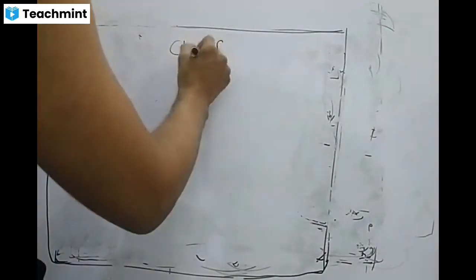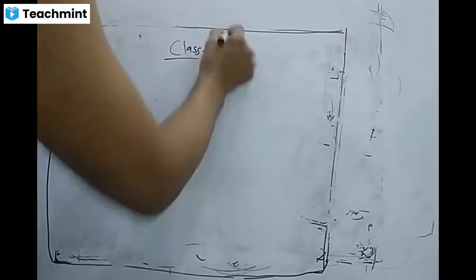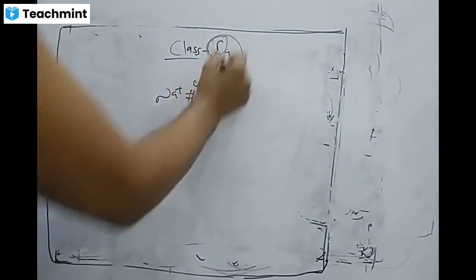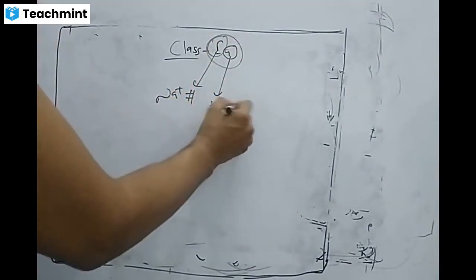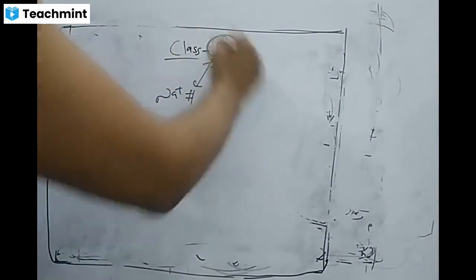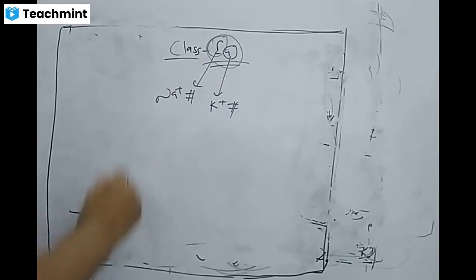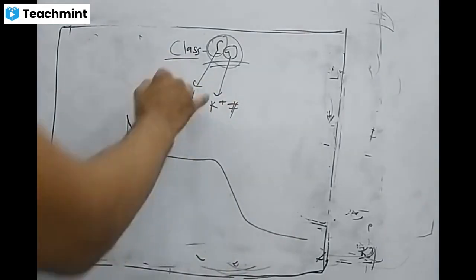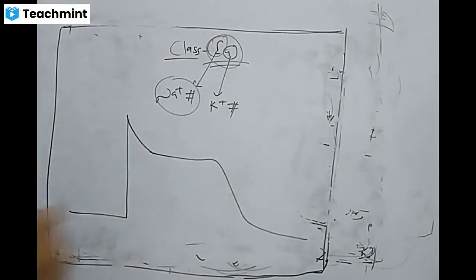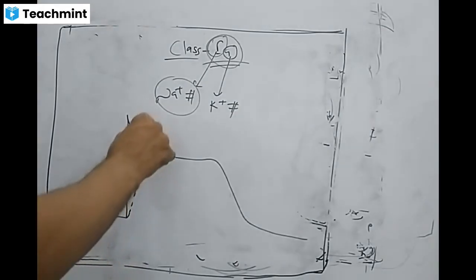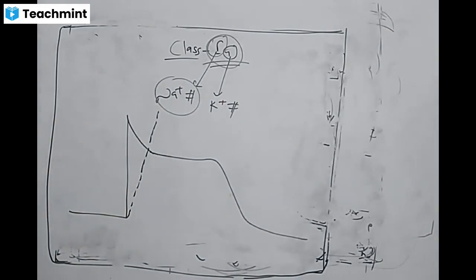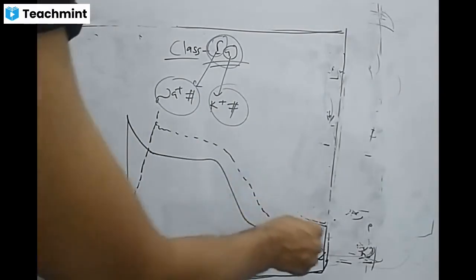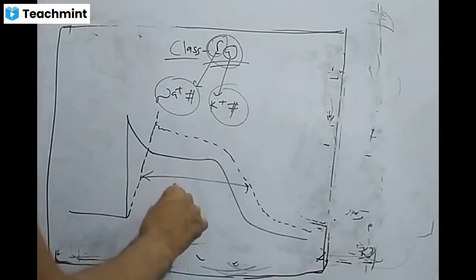class 1A drugs. In this, 1 means we are blocking sodium. A means we are blocking potassium. So if we look at the effect of class 1A drugs on the cardiac action potential, then because of the sodium blocking action, it will decrease the slope of depolarization, and because of potassium blocking, it will lead to an increase in the action potential duration.